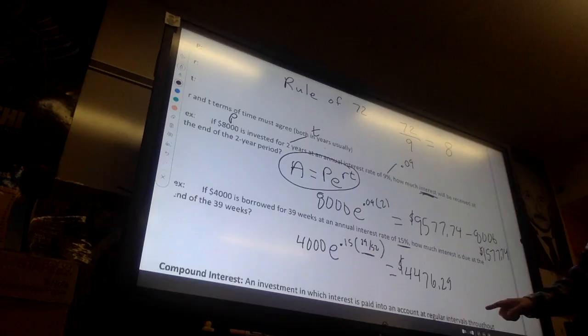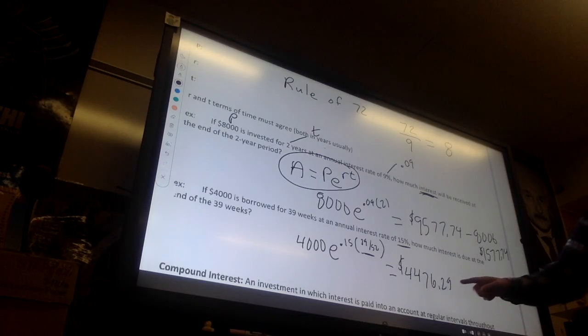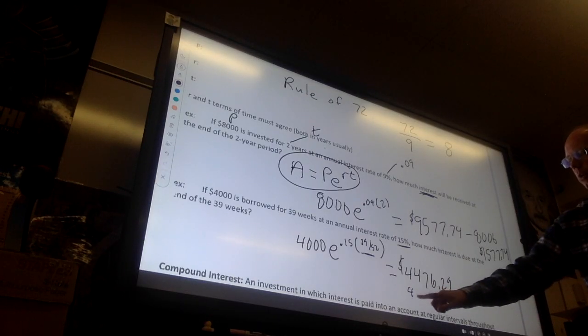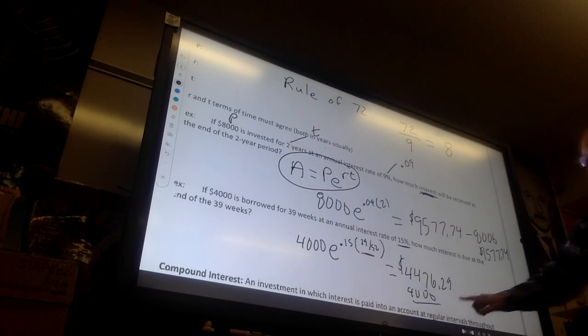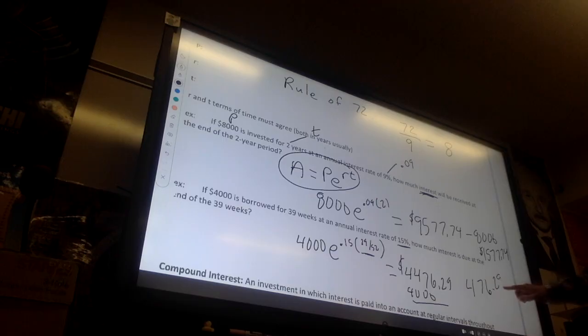Now realize this is how much you have to pay back total, but if you subtract your original $4,000 from this, you realize that you paid this company an extra $476.29 in interest. Okay, think of interest in this case as a convenience for you.